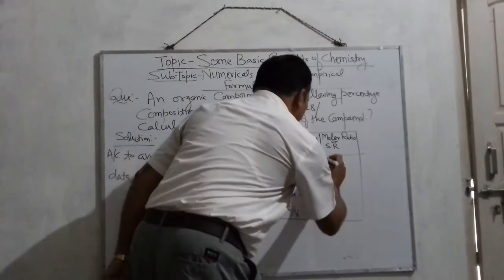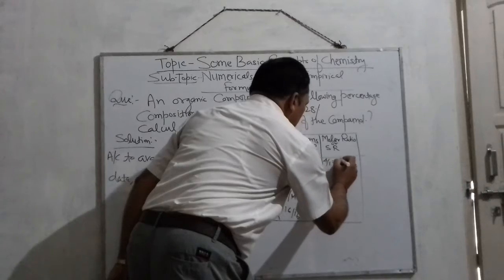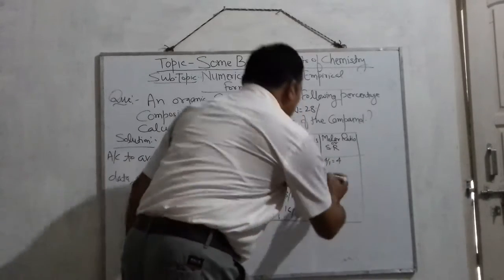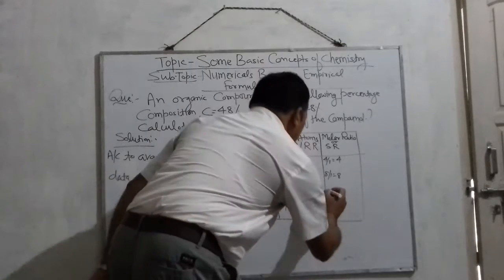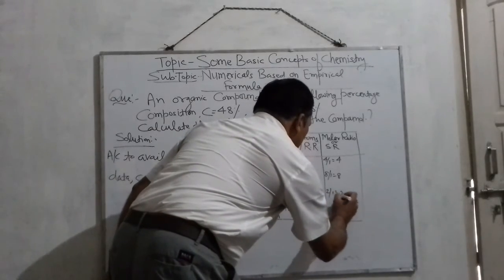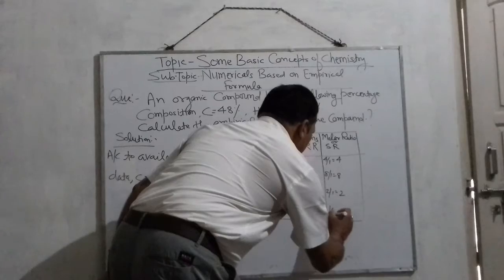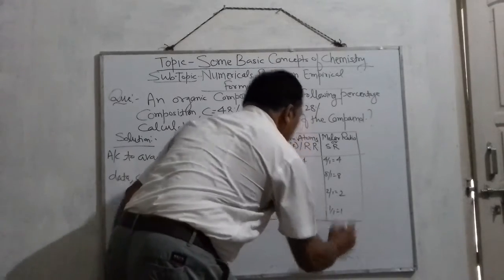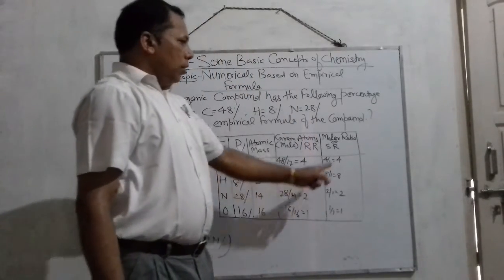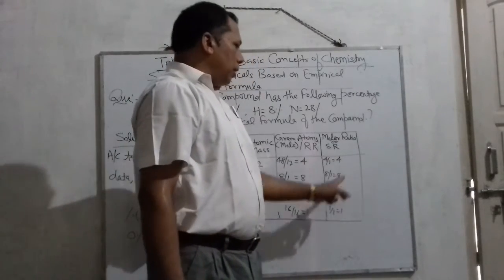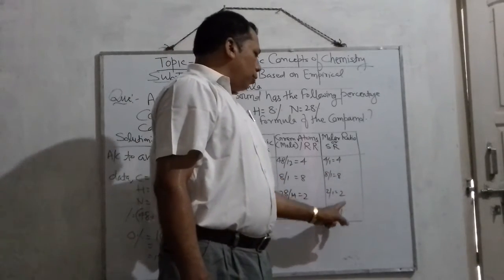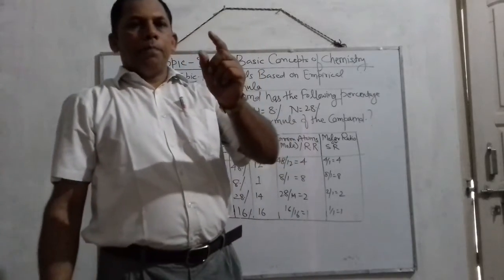Divide 4 by 1, that is 4. Divide 8 by 1, the value is 8. Divide 2 by 1 is 2, and 1 by 1 is 1. So students, the molar ratio, simple ratio values are coming 4, 8, 2 and 1 respectively.